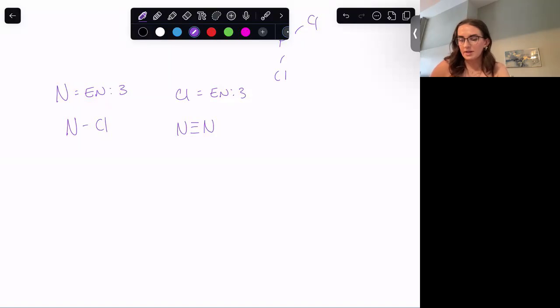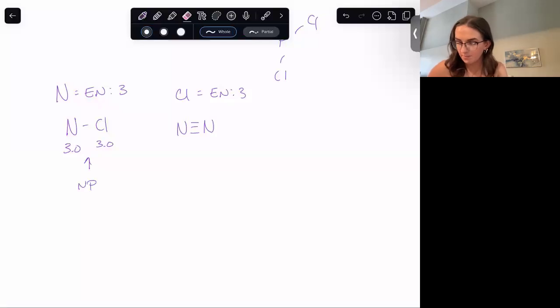So when we're looking at the nitrogen and chlorine bond, is that a polar bond? No, it's not, right? This is 3 and this is 3. There's no difference in electronegativity, and so there's no pull of one atom over the other to have the electrons more.